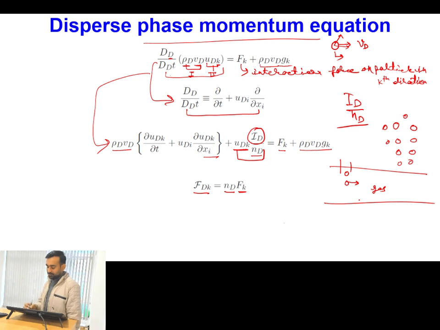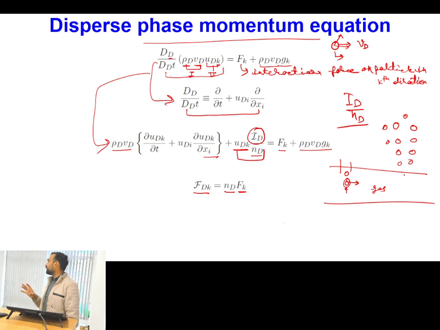The forces will be acting at the surface of the particle, and because of these forces it will try to change its trajectory. Depending upon the unbalanced magnitude of the forces, it will either accelerate or decelerate.